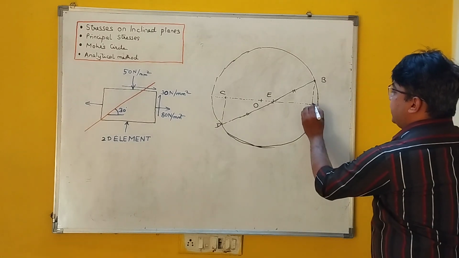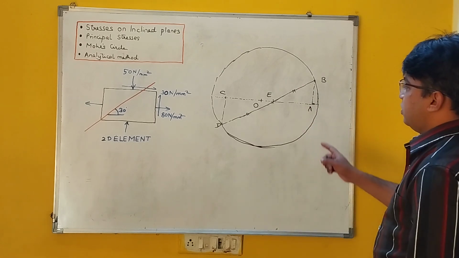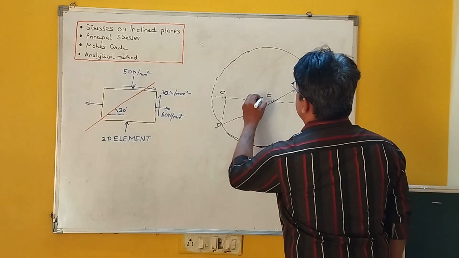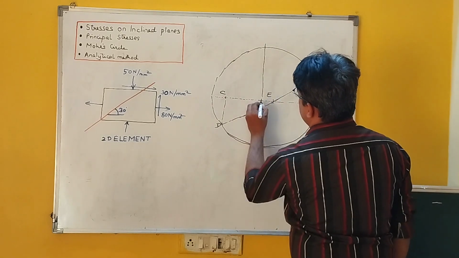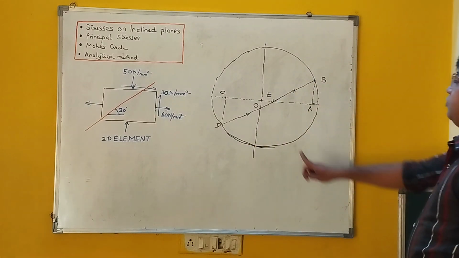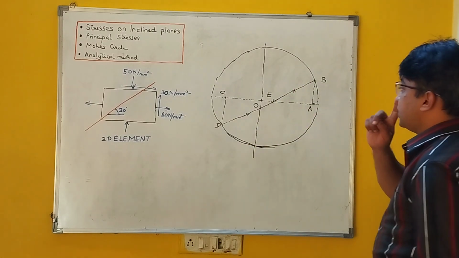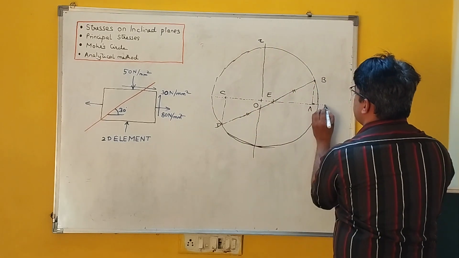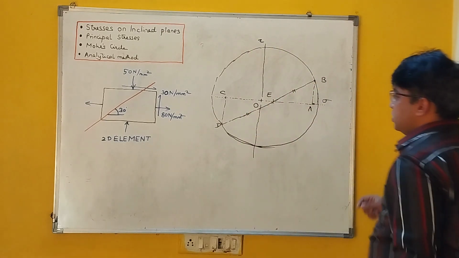So I will repeat the process once again. This is the horizontal axis and this one is the vertical axis. We have not taken the vertical axis into picture earlier. So this is the vertical axis which represents shear stresses tau, and this represents normal stresses sigma.